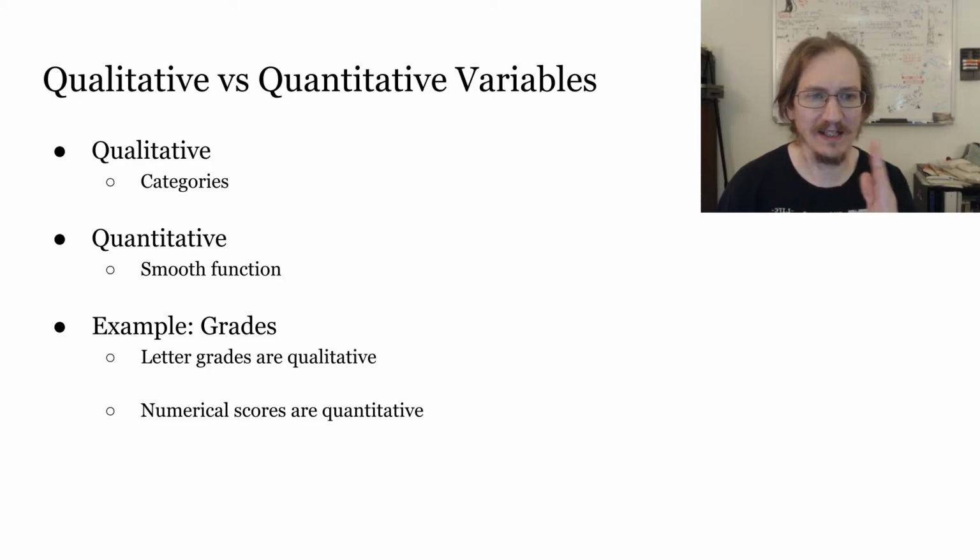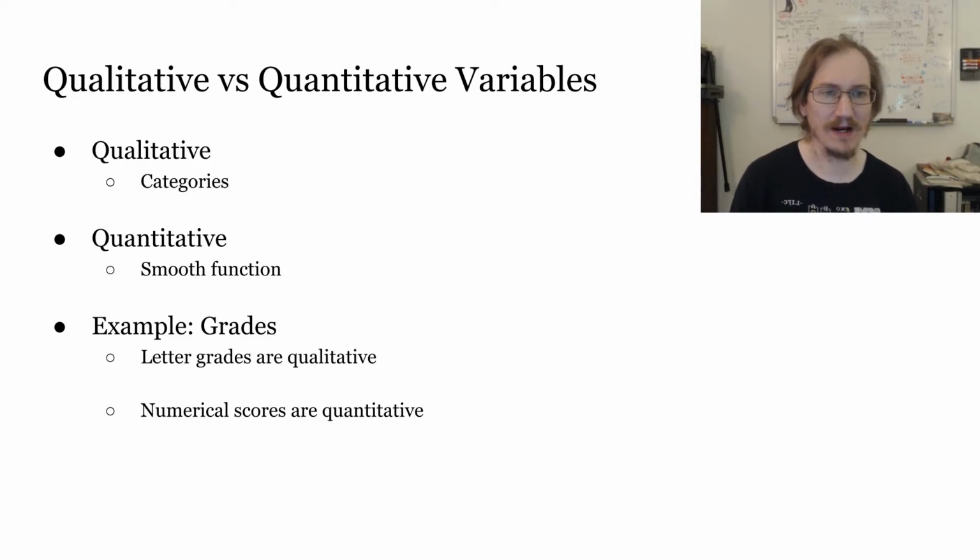It doesn't click between sections, because it's measuring the amount of fuel, and the amount of fuel varies smoothly between the endpoints that the variable can take on. So this smooth valued range is the kind of values a quantitative variable can take on.